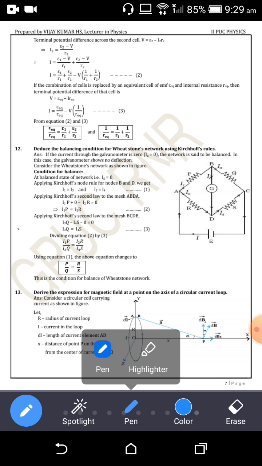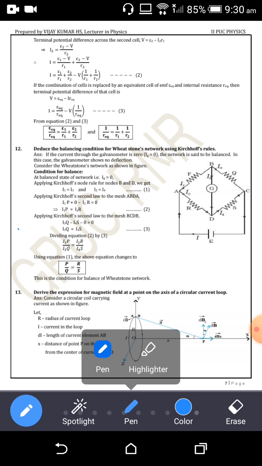Most of the students make mistakes in sign convention. They consider one, but while expressing that in mathematics, they go wrong. If one step goes wrong, the entire thing goes wrong, so be careful about the sign convention.